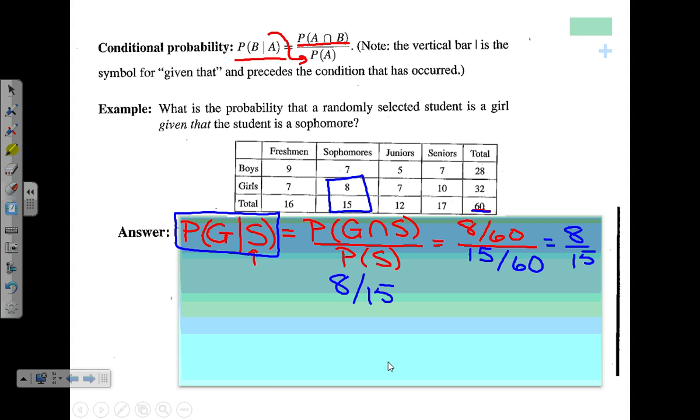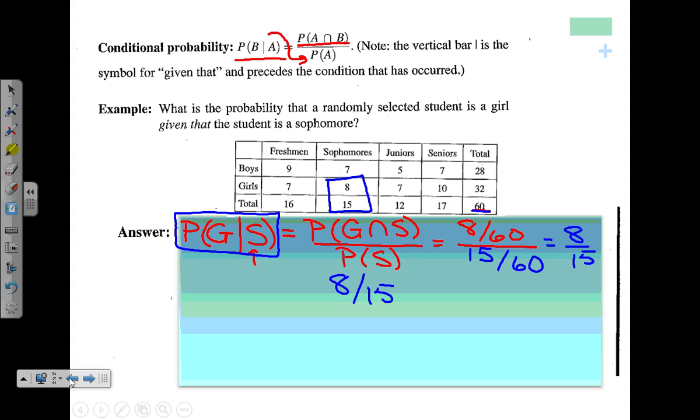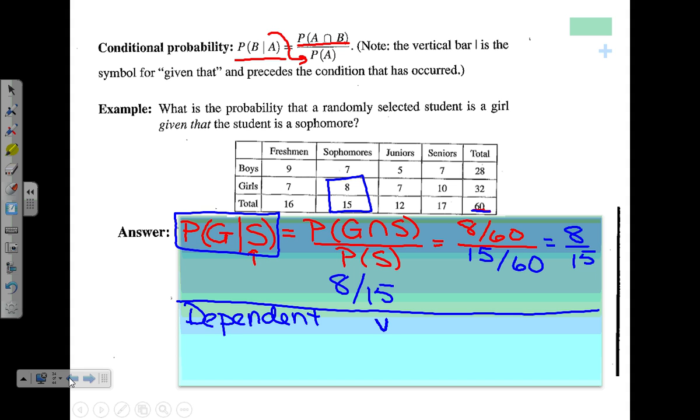So are the events girl and sophomore independent? Now we haven't really talked yet about the difference between dependent and independent. Dependent events, you're going to write this down. Dependent versus independent.